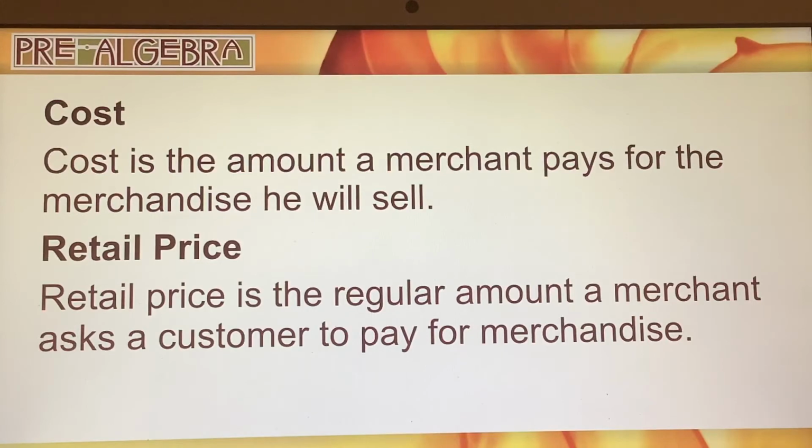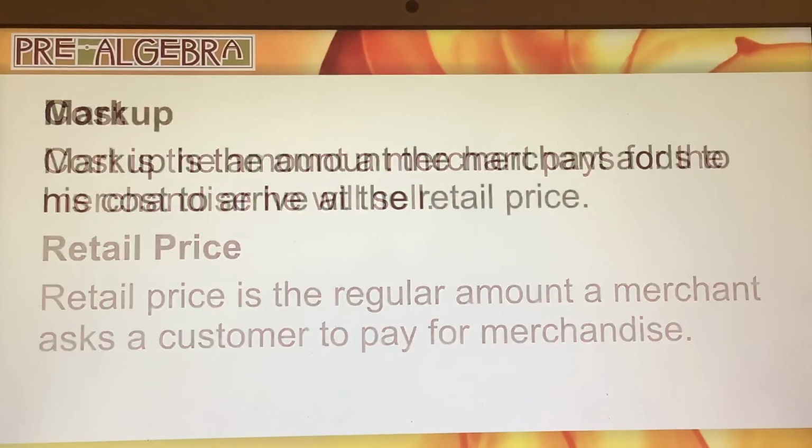Let's say Dave and Buster's is selling their basketballs. They have to purchase the basketballs at a certain price. Then they put it up for sale to us customers, and that's called the retail price. And the retail price is the regular amount that the company asks the customer to pay for a merchandise.